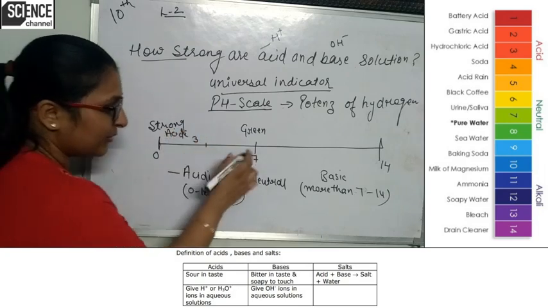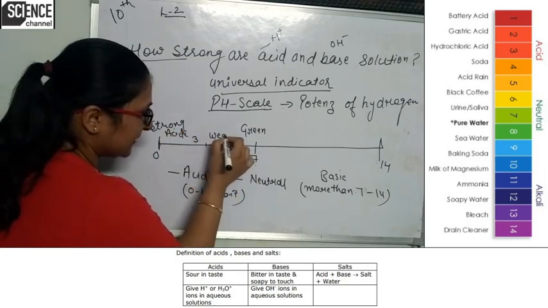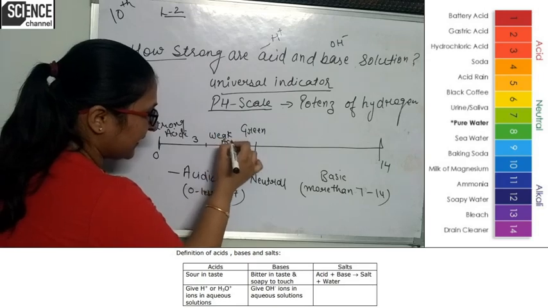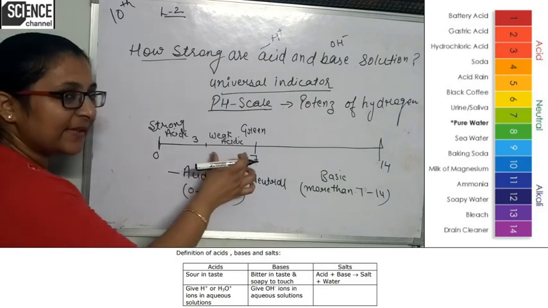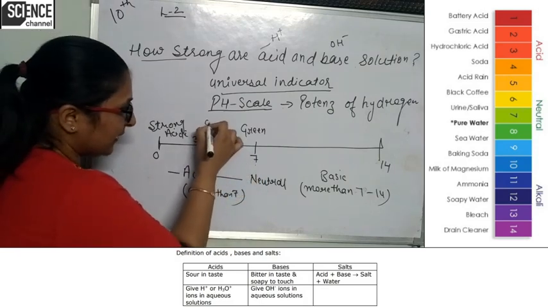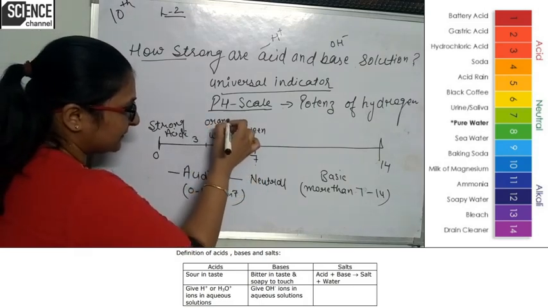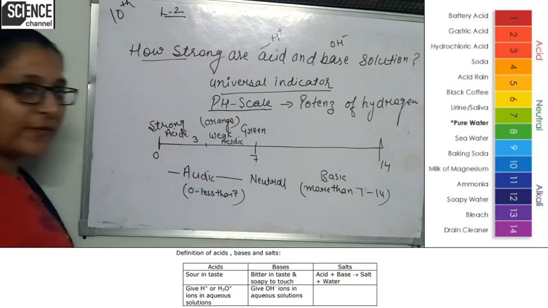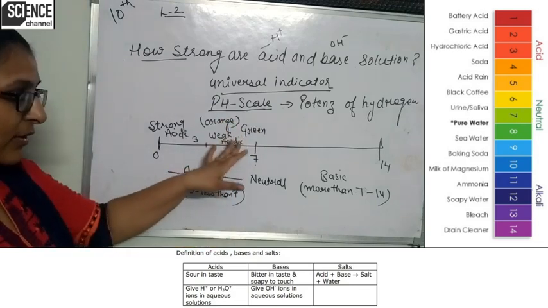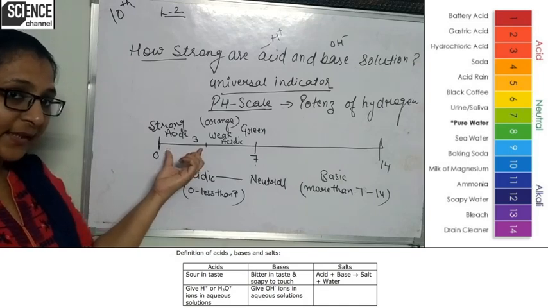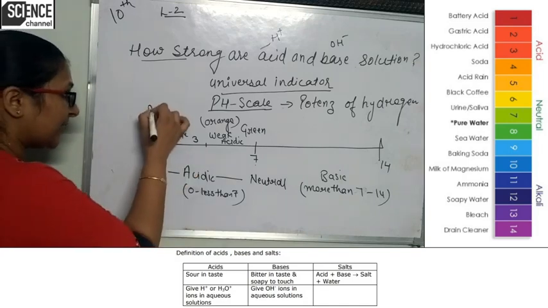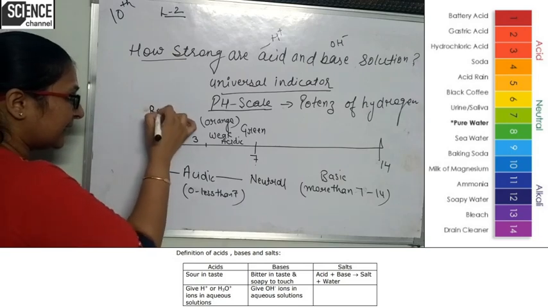If the value is 3 to 7, it means a weak acid. Clear? For a weak acid we get an orange color. If the solution is strongly acidic, we get a red color.